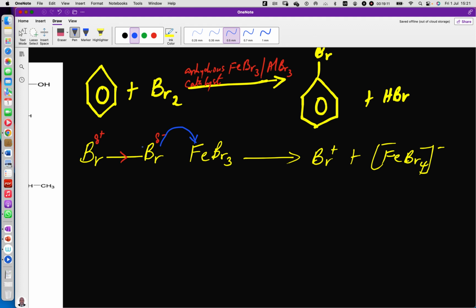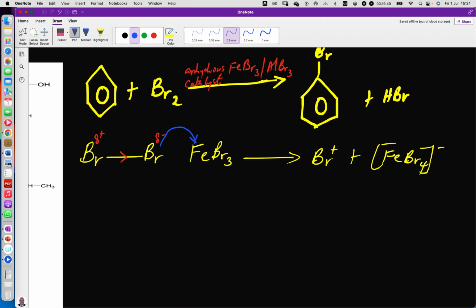When it donates this lone pair into the empty 3d orbital in the iron, what happens? It helps to draw electrons from this other bromine atom, thereby making this bromine partially positive. And this creates an electrophile.